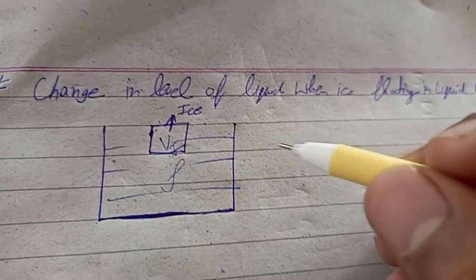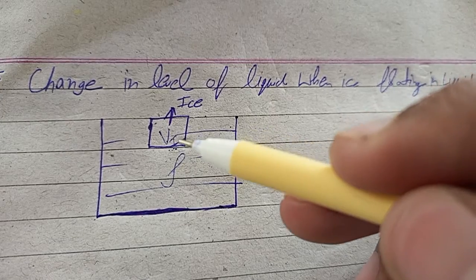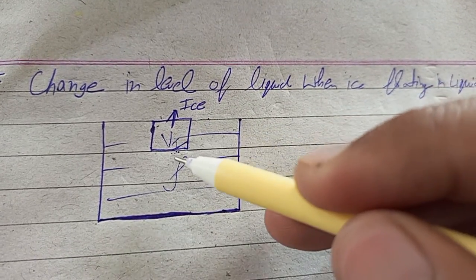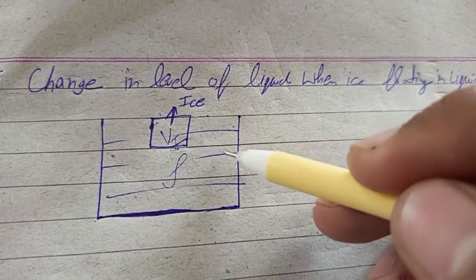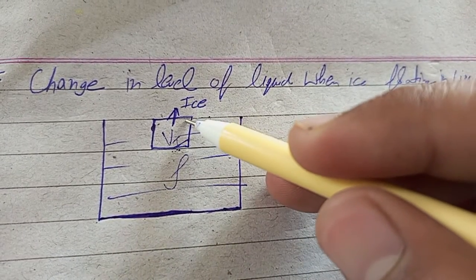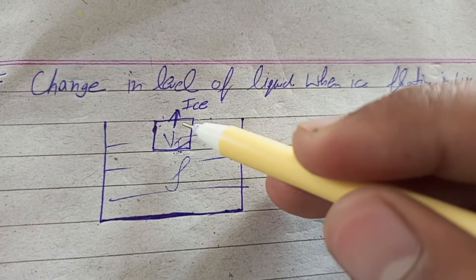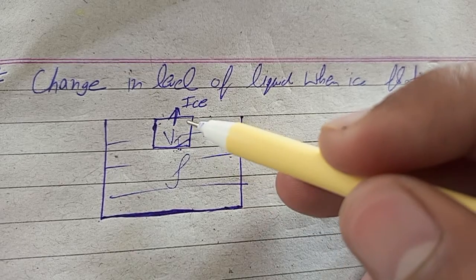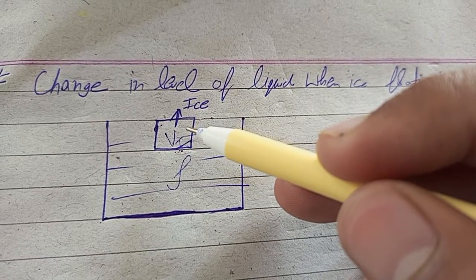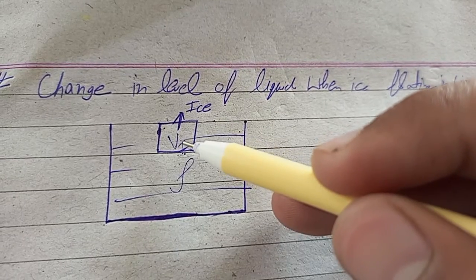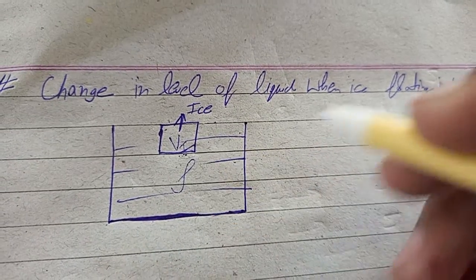We all have studied the Archimedes principle. We all know that this ice cube is in equilibrium. The fluid is static, so it will be experiencing a buoyant force. The buoyant force has balanced this ice cube very well, so it is not submerging fully inside this liquid.